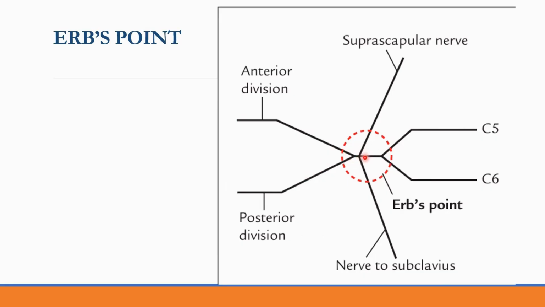We also know that the upper trunk is giving 2 branches, suprascapular and nerve to subclavius. So totally it is the junction of all these 6 nerves. It is called Erb's point. So any injury to this area will involve all these nerves and the consequent clinical features.